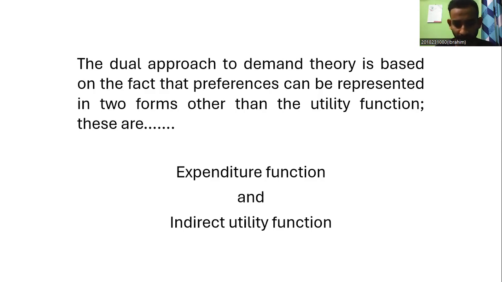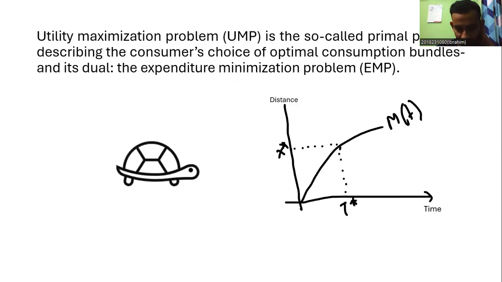The main thing we are discussing here is the dual problem. It comes from the primal problem, which is the utility maximization problem.